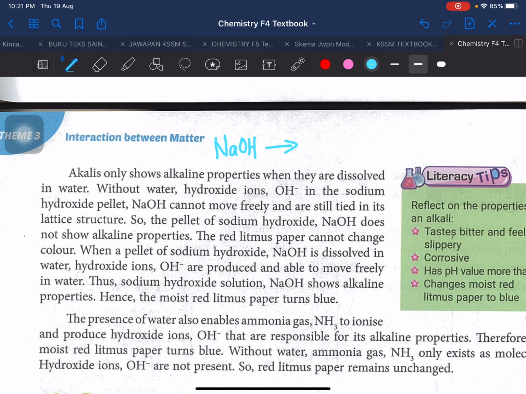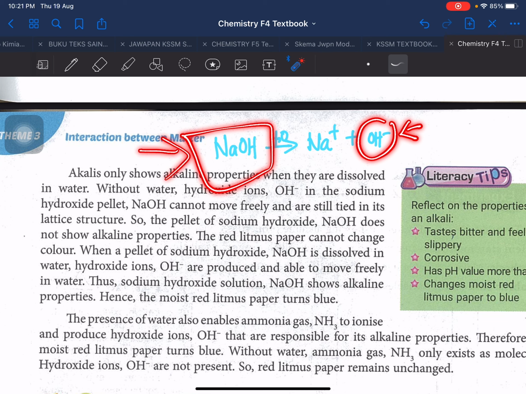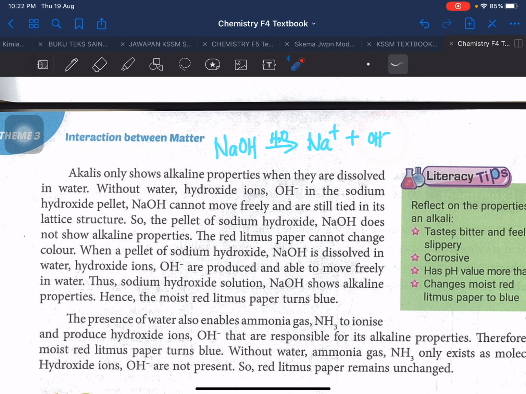NaOH, when it dissolves in water, there will be sodium and also hydroxide ions present. Okay? So when there are hydroxide ions, this is the ion that is responsible for showing the alkalinity of sodium hydroxide. If there is no water, it is still in lattice structure.